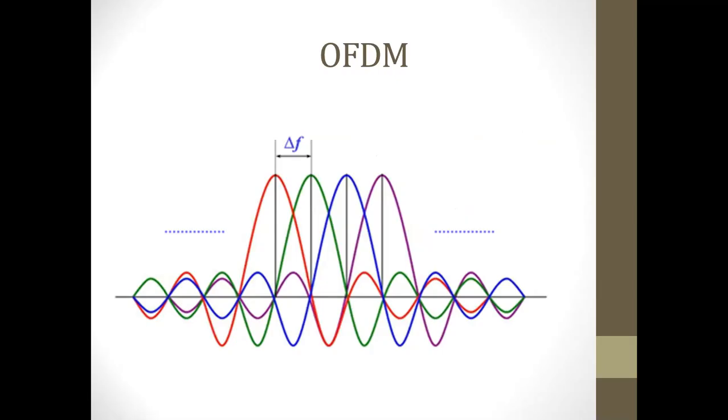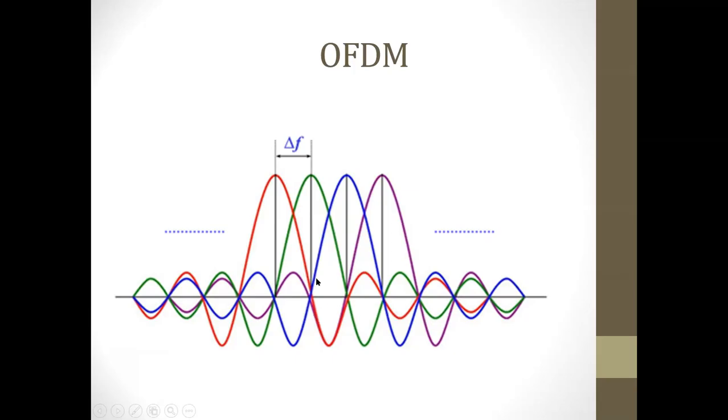See, if I take the example of this green one, I have this line, the main center of my transmission. I'm sending a symbol using this carrier. So I have a center frequency, right? This is the center frequency.